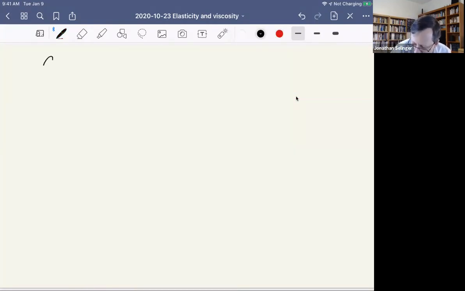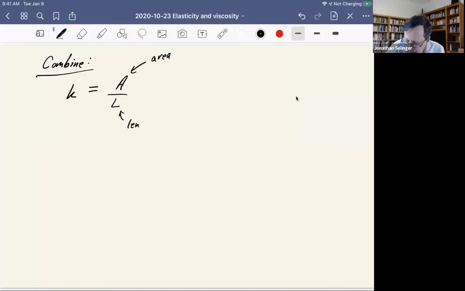And say that the spring constant for a particular block of material is proportional to the area, it's proportional to 1 over the length, and then there's some constant of proportionality that doesn't depend on the area or the length.